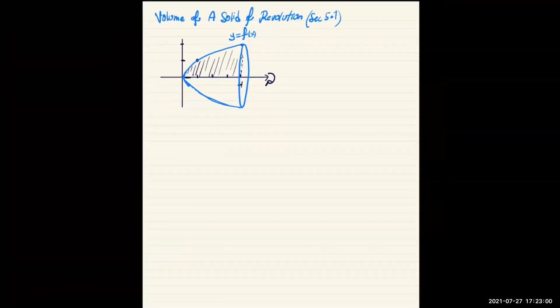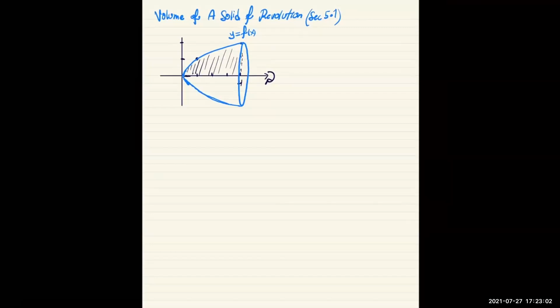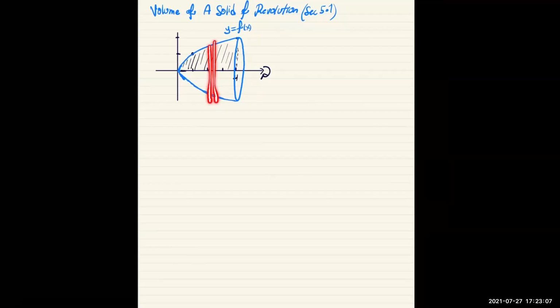And again, we want to find the volume of the solid. So we take a cross section. Again, cut this thing out, take a slice out. Let me focus on a slice.